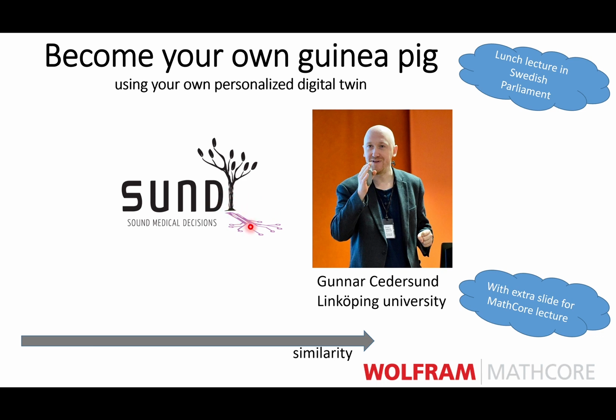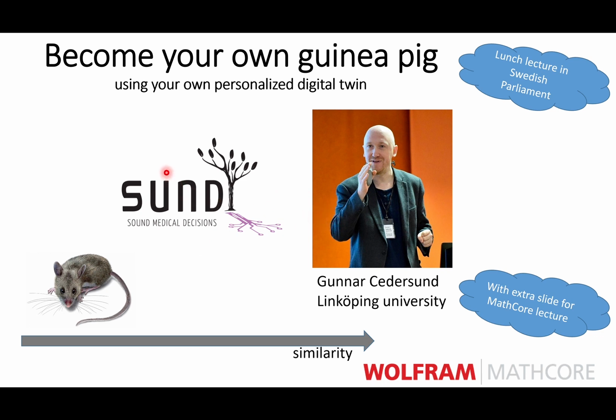And when you compare this with other types of models, for instance animal experiments, if you want to replace animal experiments, then you need to put them on the same axis as well. What I will show you now is that for some applications, not all applications, a digital twin is actually equally good or even better than a corresponding animal at mimicking a person.